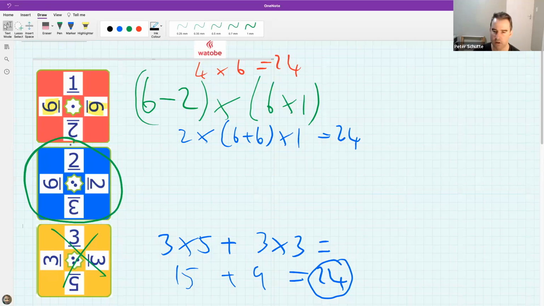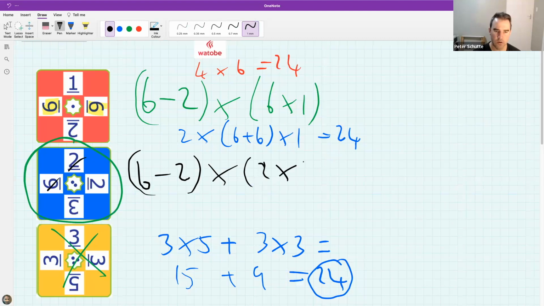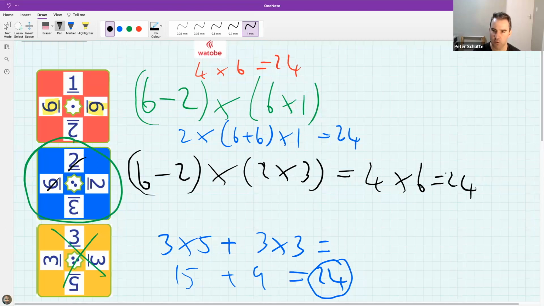6, 2, 2, 3. Caitlin has said 6 minus 2, which is 4, times 2 times 3, which is 4 times 6, which is 24.